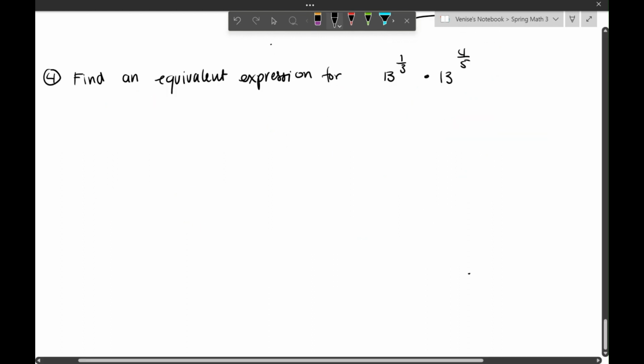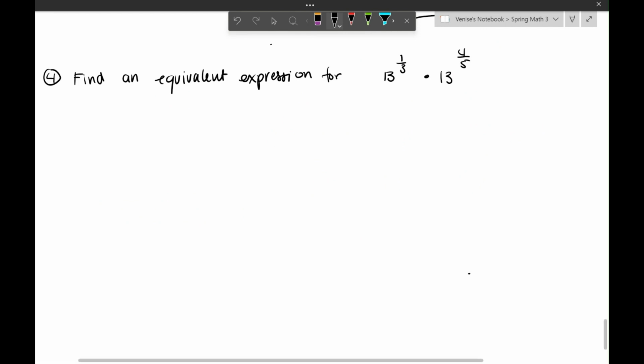Okay, so here's number 4. Same thing as number 3. Find an equivalent expression for 13 to the 1/3 times 13 to the 4 over 5. Here we are going to look at my bases. I have the same base, 13, and I am multiplying.